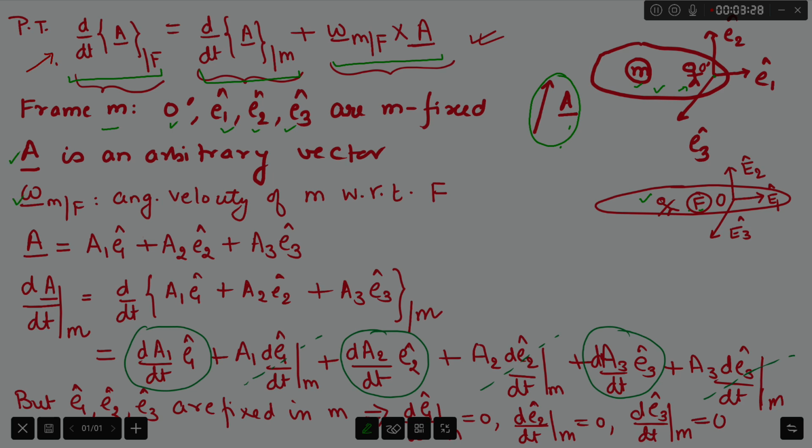Now I am going to write A using these three unit vectors which are fixed in frame M. You can say that I am trying to express A using M fixed Cartesian coordinate system O prime.